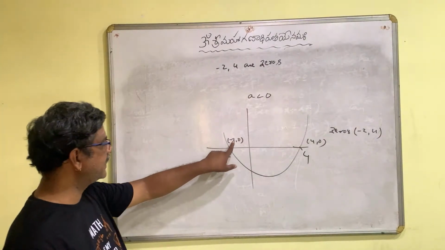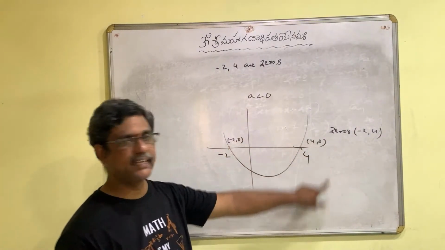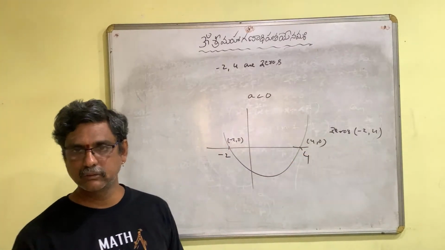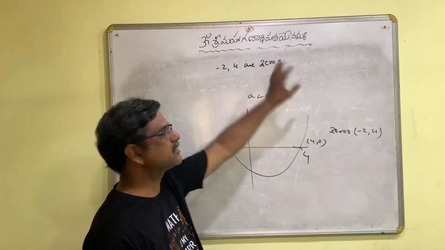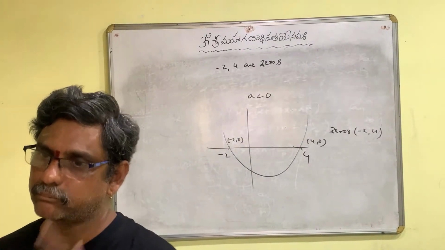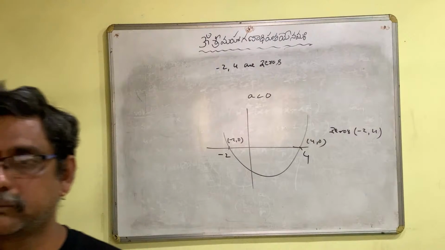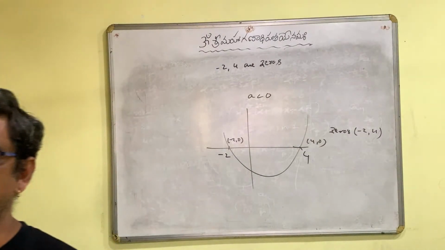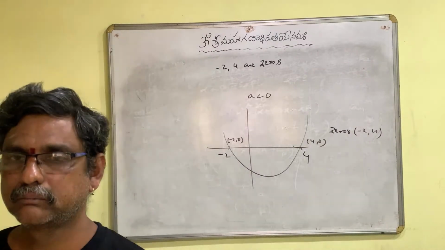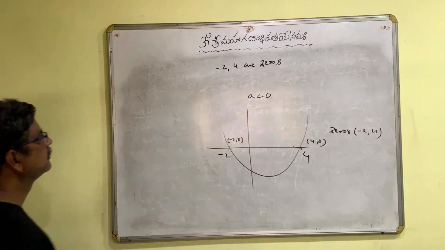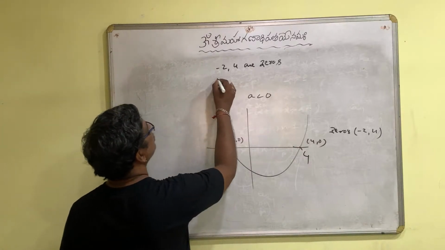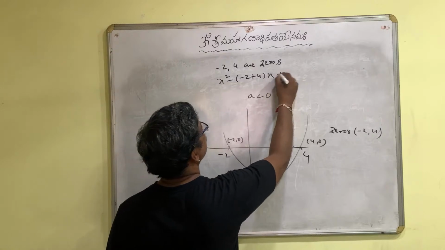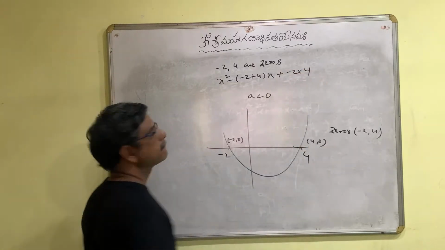Here the x coordinate is -2. Here the x coordinate is 4. So both the x coordinates are called zeros. Then what is the polynomial? That means from the graph we can find out the polynomial. x square minus 2 plus 4 times x plus minus 2 into 4.